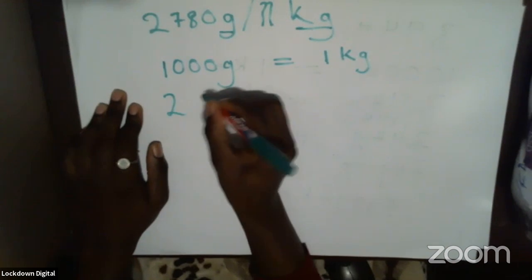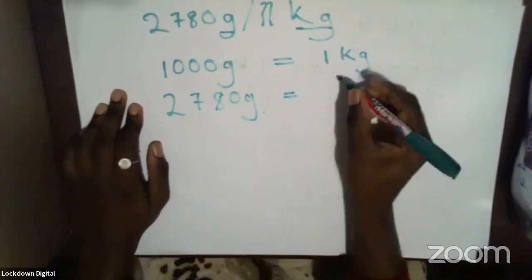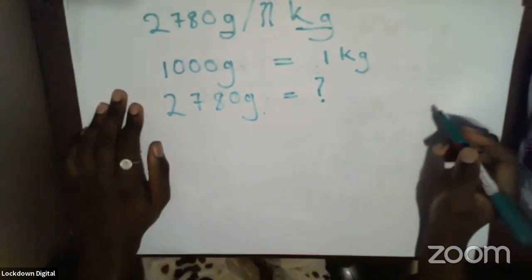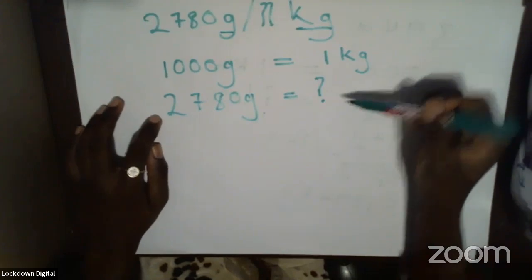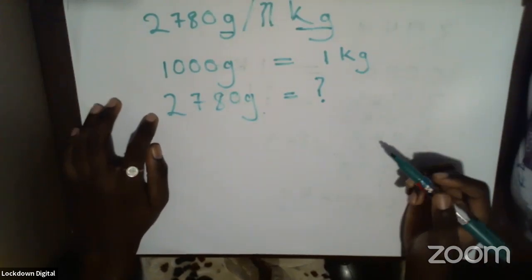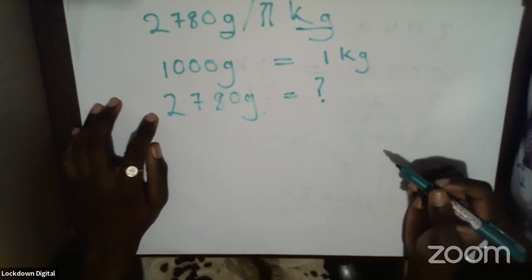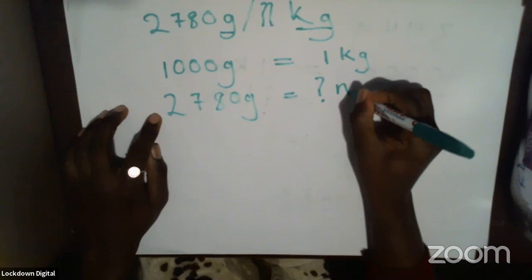So we have 2,780 and our question mark. Is it going to be less than 1 kg, or is it going to be more than 1 kg? The obvious answer there is more. We are actually going to have more kg. So I have more here.